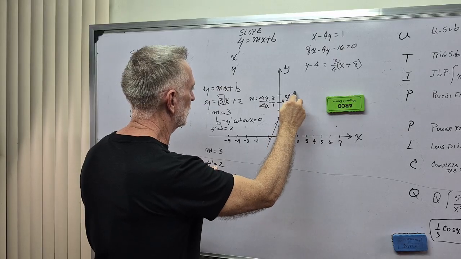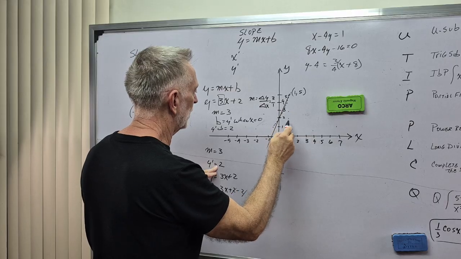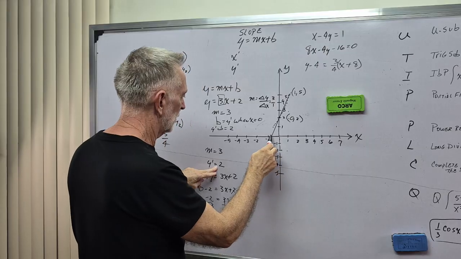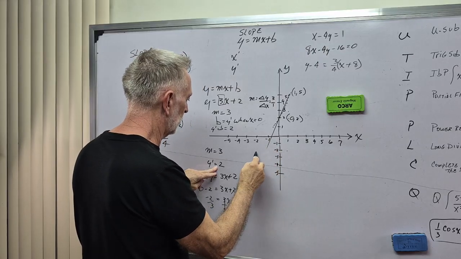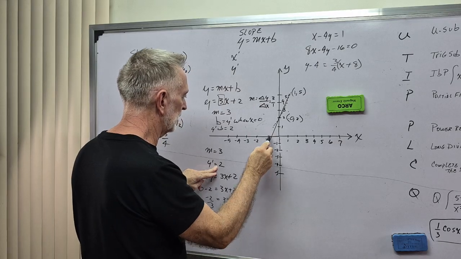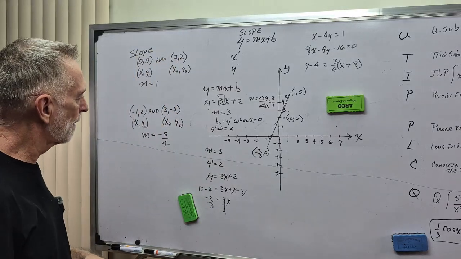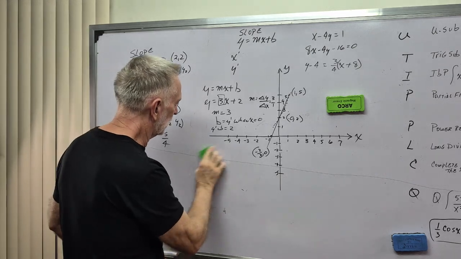So this point was 1, 5. This point is 0, 2. This point is y is 0, so I have negative 2/3, 0. That's this point right here. That's x and y intercepts.